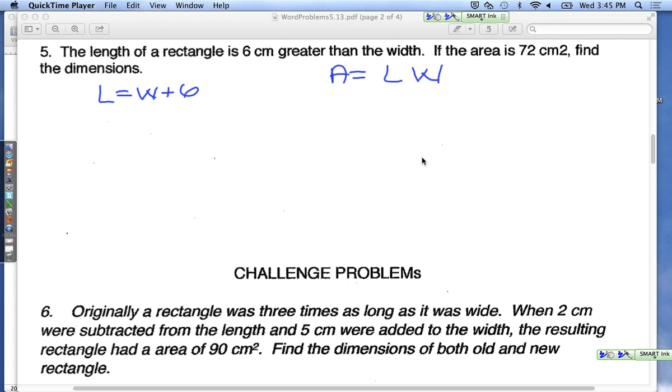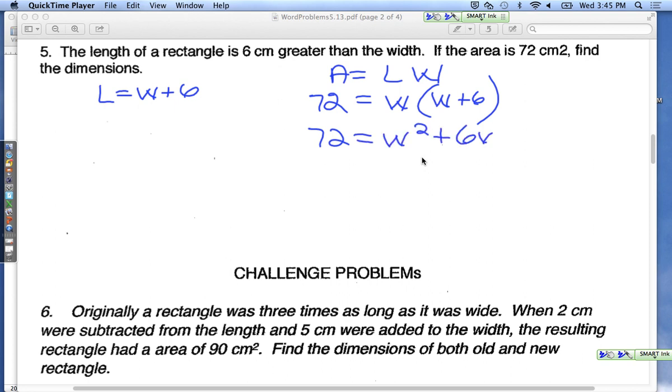We're told that the area is 72, so I replace the A with the 72. I let the W remain in the equation to represent width, and then length becomes W plus 6. And then distribute. And now subtract 72 from both sides, setting this equal to 0.